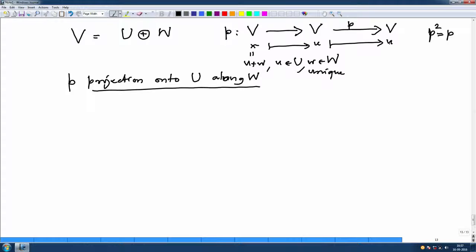U is the image of P, which is all those x in V such that Px equals x.